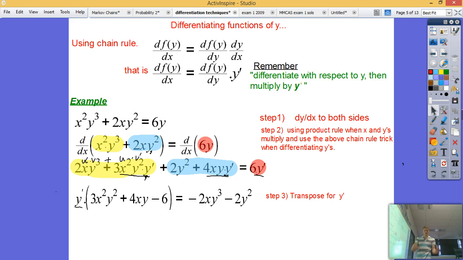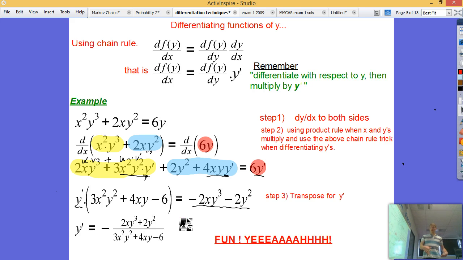Bring every other term that does not have a y dash in it, add it or subtract it to the other side of the equation, and that's what we've got there. Okay, and then finally divide that whole bracket down to the right hand side, and we get our beautiful expression.